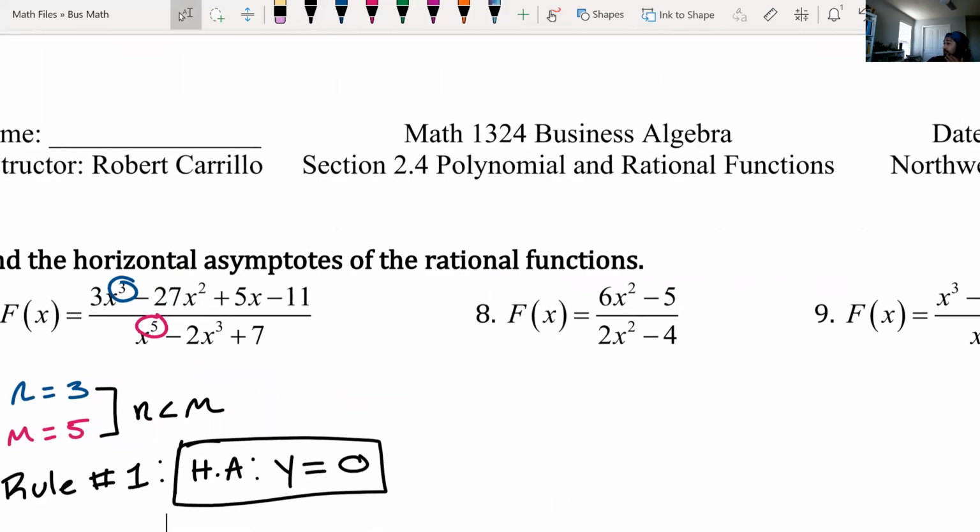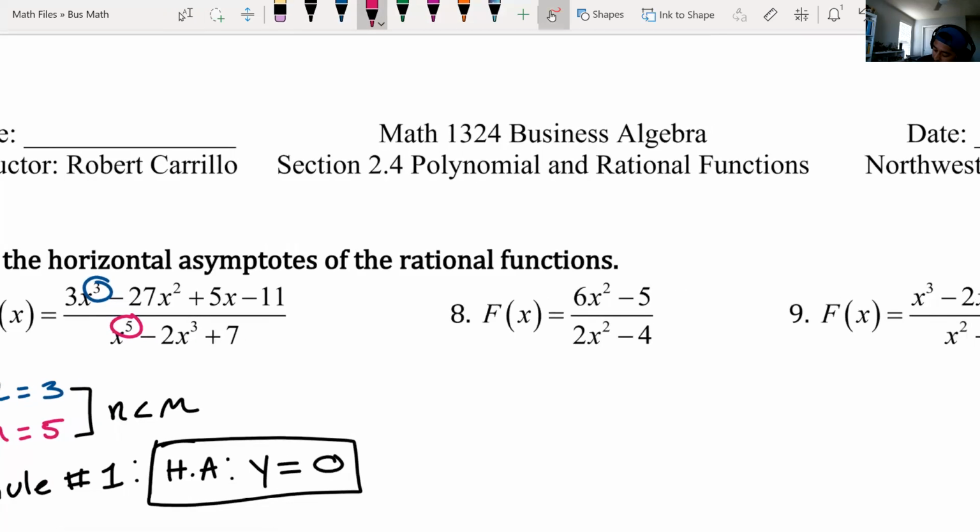And then number 8, same thing. Just look at your exponents. For number 8, the degree of the numerator is 2 and the degree of the denominator is 2.